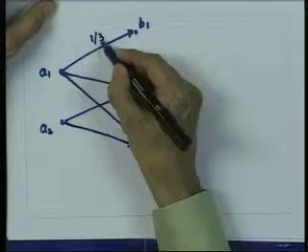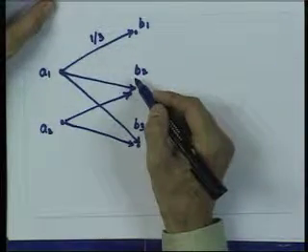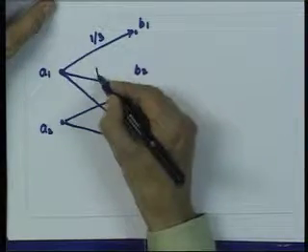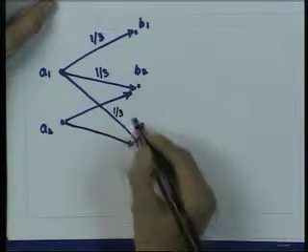Probability of B1 given A1 is 1/3, probability of B2 given A1 is also 1/3, and probability of B3 given A1 is also 1/3.